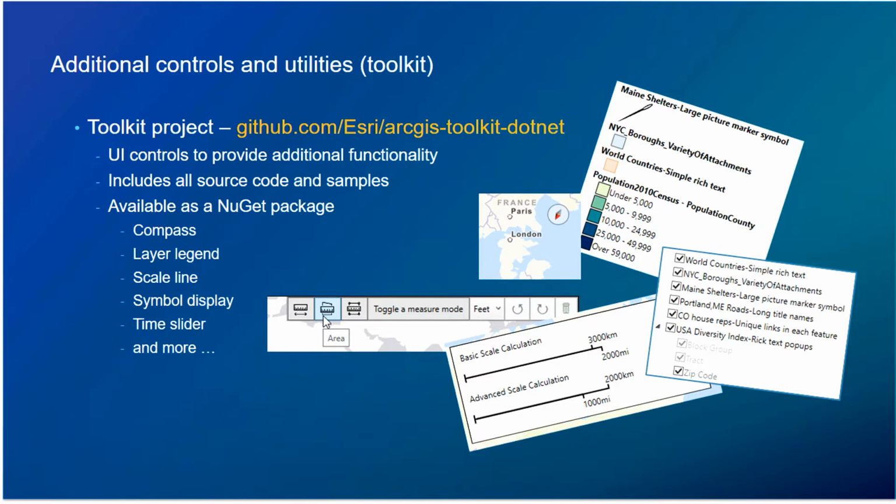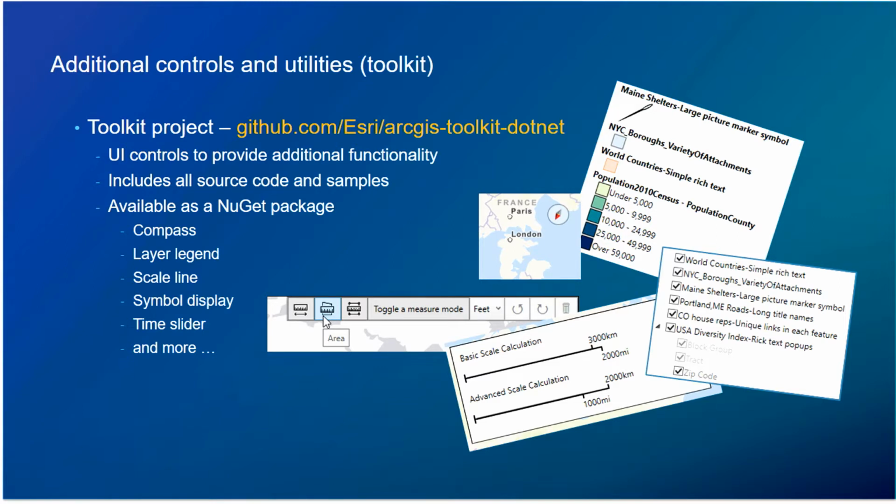The toolkit is also a major part of the SDK. So the toolkit project, I talked about, every SDK has one in a GitHub repo. Pretty much, I think some SDKs may be still working on theirs, such as the Android SDK is working on their toolkit at the moment and close to completing that. The .NET SDK released their toolkit on top of the 100.4 release back in October, November time.